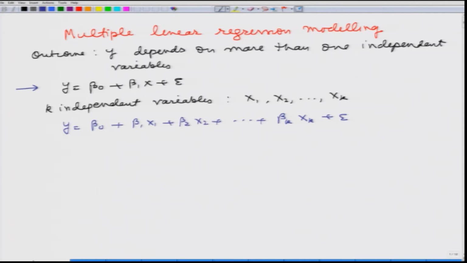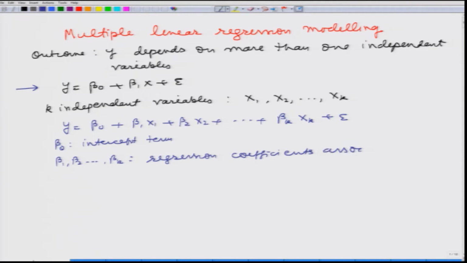Now, about the interpretation, earlier we had said that this beta 0 is the intercept term, and this remains the same here. And we say now that beta 1, beta 2, up to beta k are the regression coefficients associated with x1, x2, xk respectively.